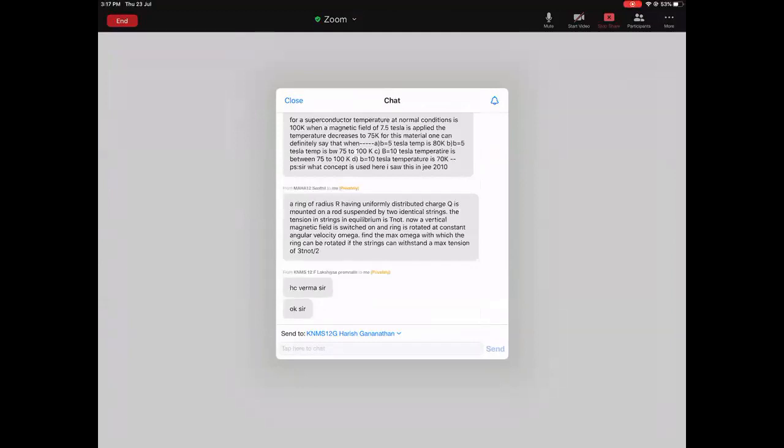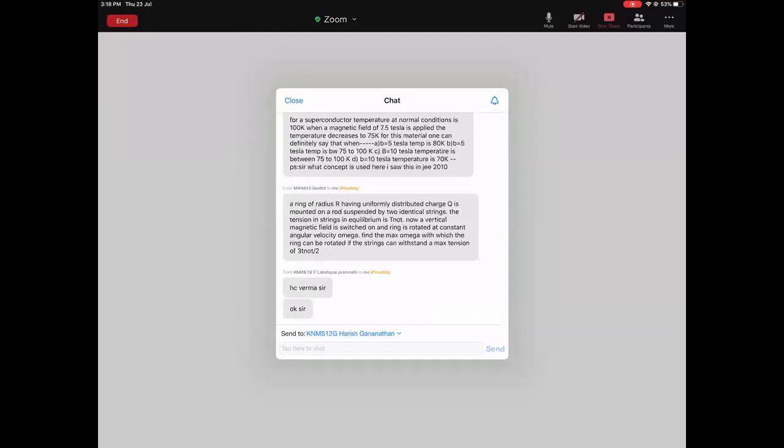Ring of radius R. So Senthil, where did you get this question from? A ring of radius R having uniformly distributed charge Q is mounted on a rod suspended by two identical strings. The tension in the rod is given to you.